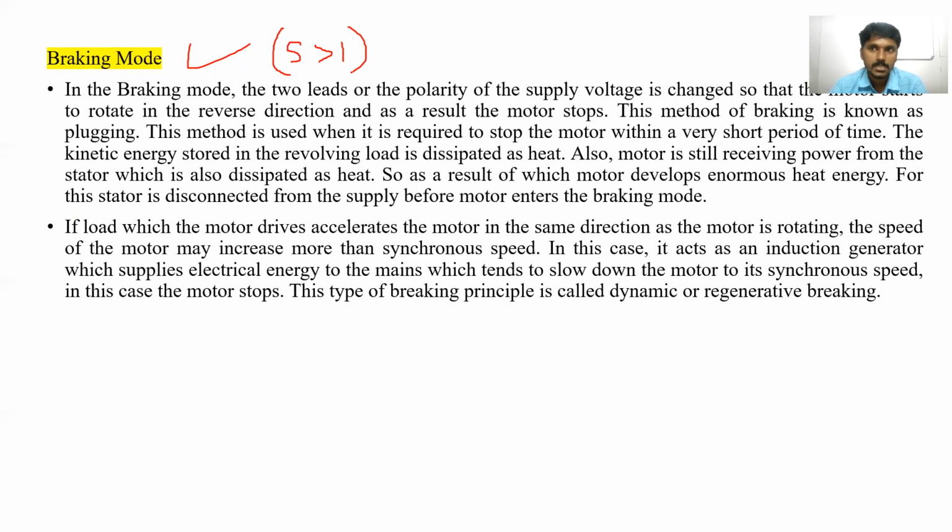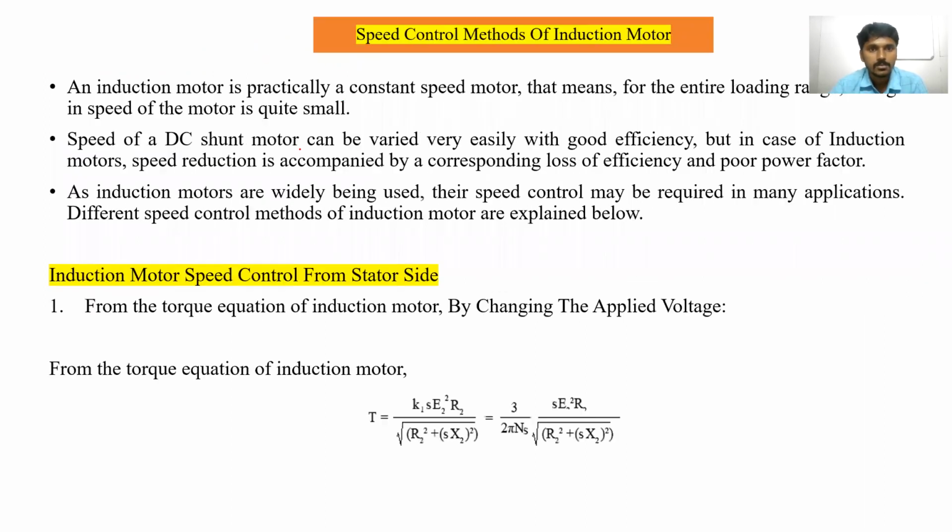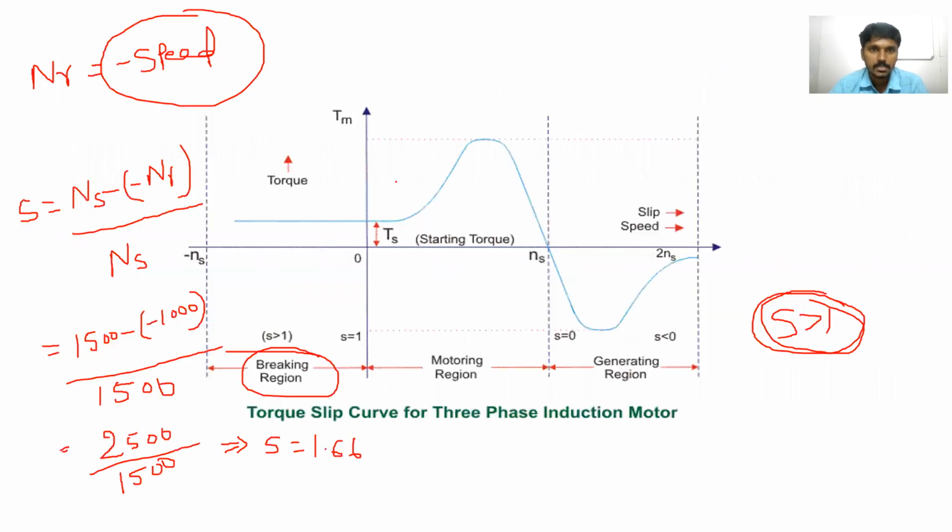If the motor speed is negative, we get slip values more than 1. If the slip is more than 1, it will go into the braking operation. So these are the speed torque characteristics of the three-phase induction motor. Clear?